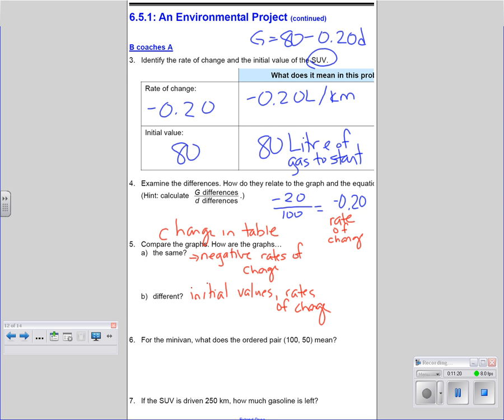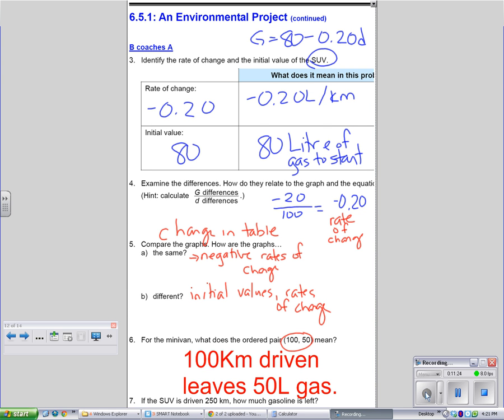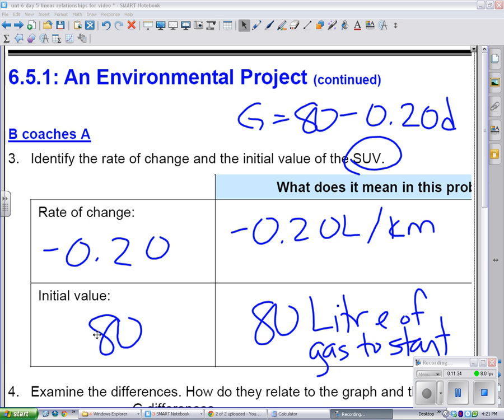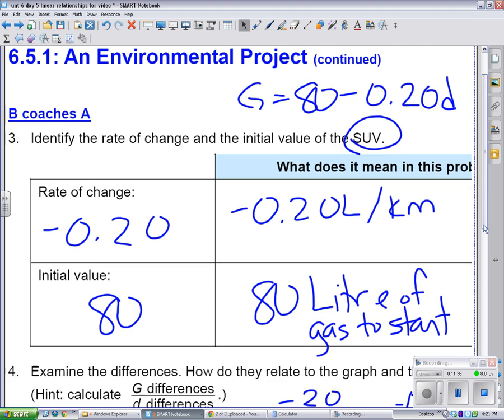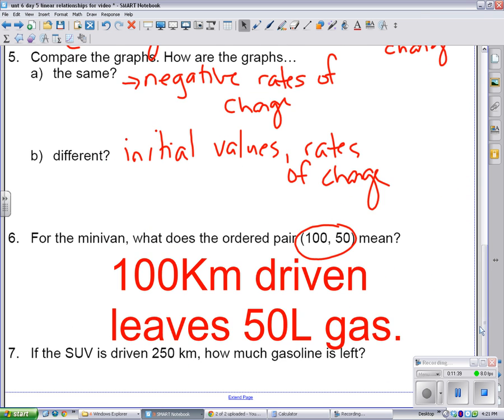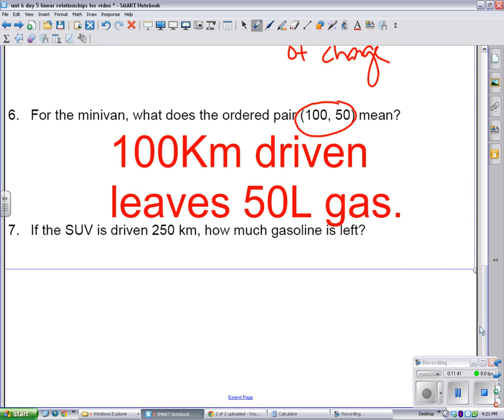For the minivan, what does the ordered pair 100, 50 mean? So I've just written that 100 kilometers driven leaves 50 liters of gas remaining. If the SUV is driven 250 kilometers, how much gas is left? So that's the last question, and we're going to need to use our equation for calculation here.